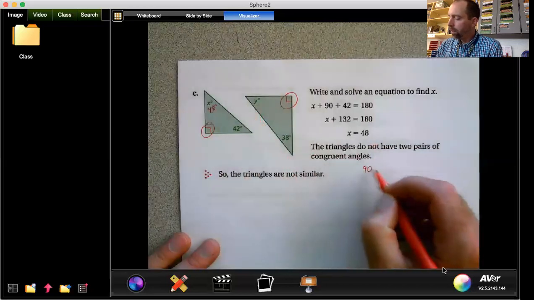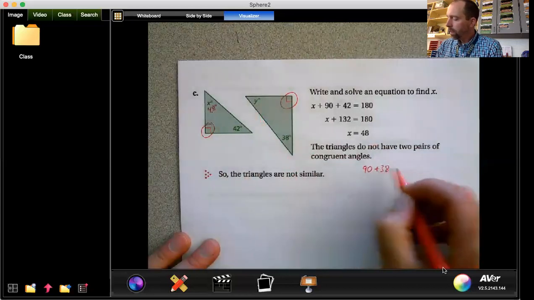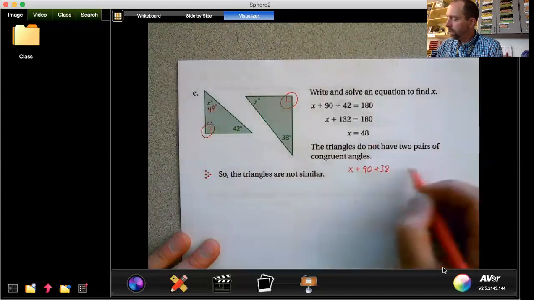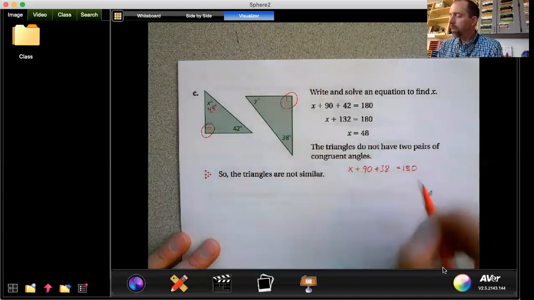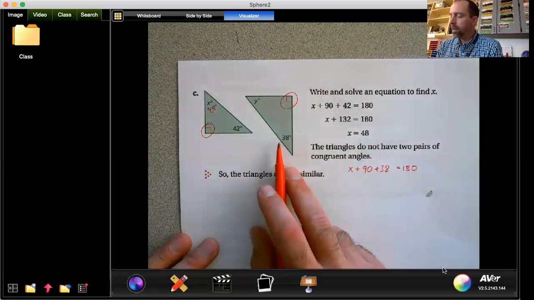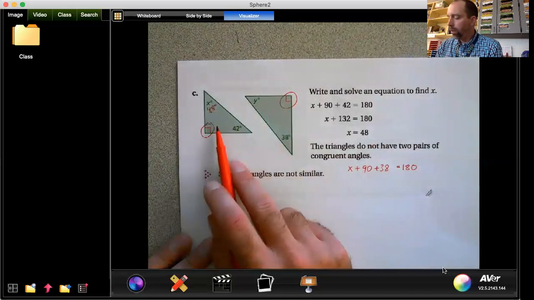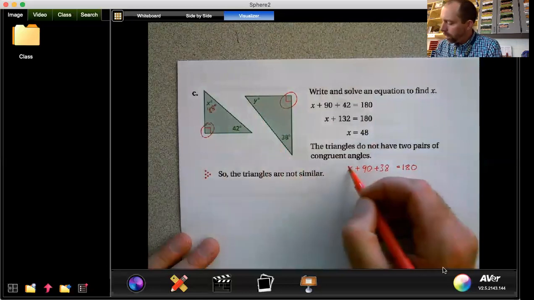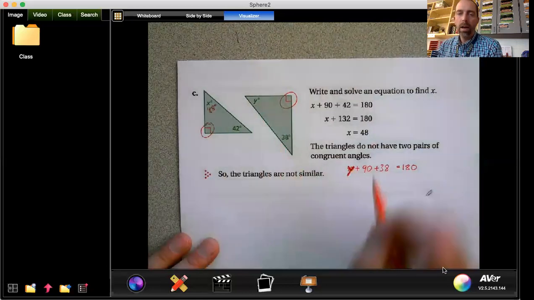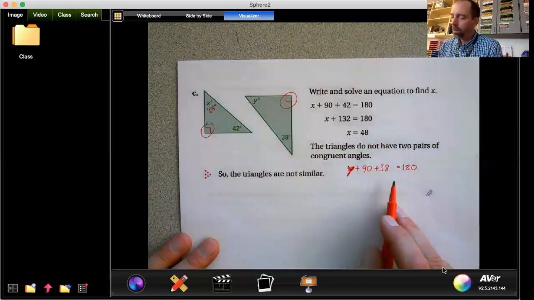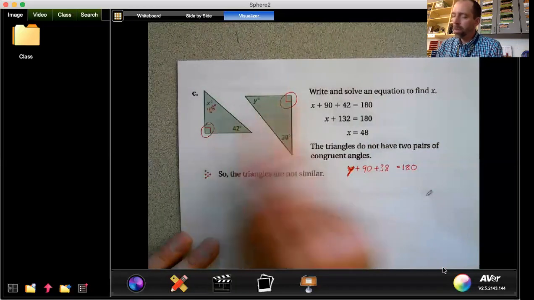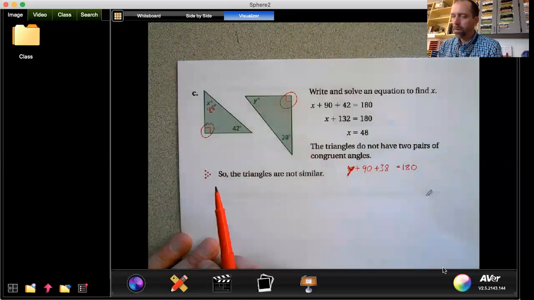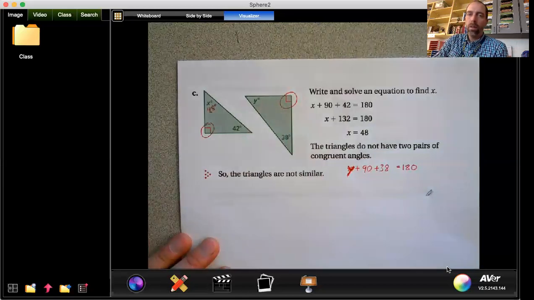We would just do 90 plus 38 plus x equals 180, and we could solve that, and we'd figure out that it's not going to be 48 or 42. Or this would be y, I guess, sorry. But we don't have to solve this in order to prove it, because we can see that there is only one set of angles that are equal. So we're going to stop right there for now.